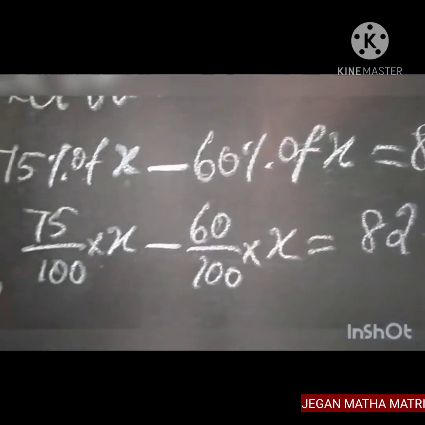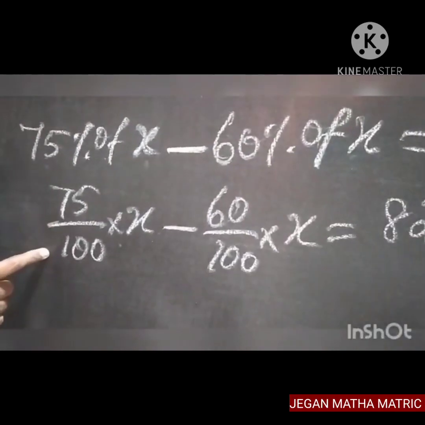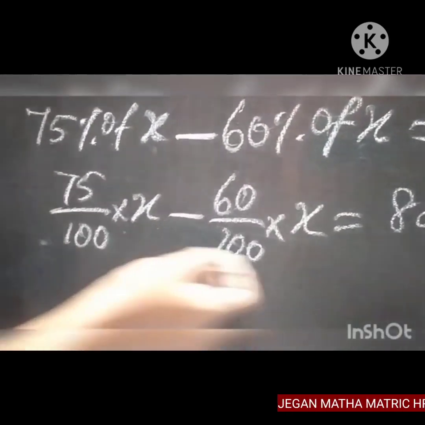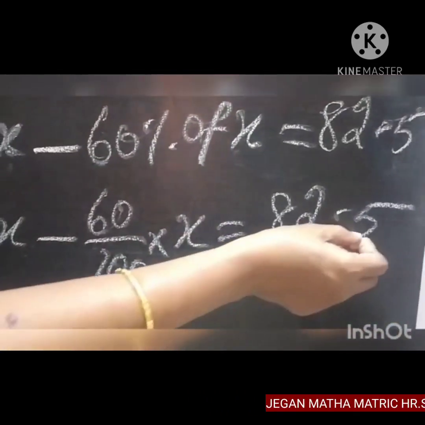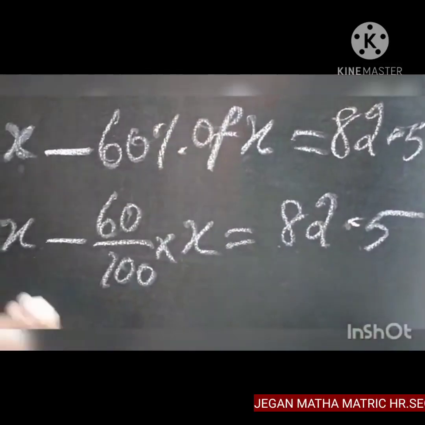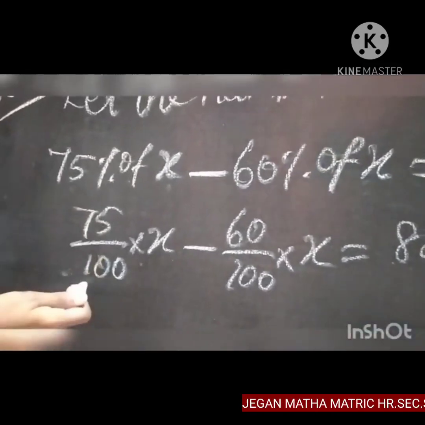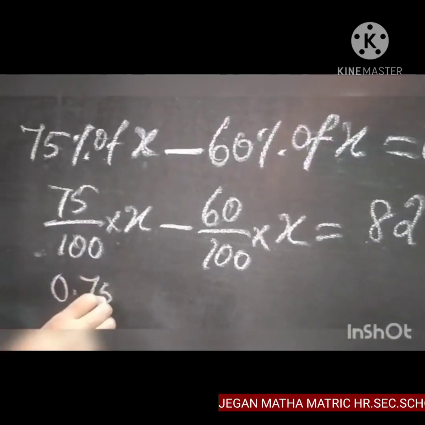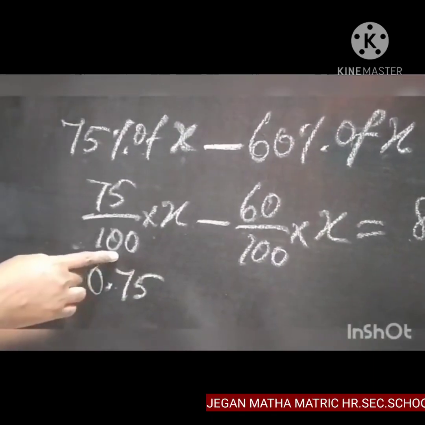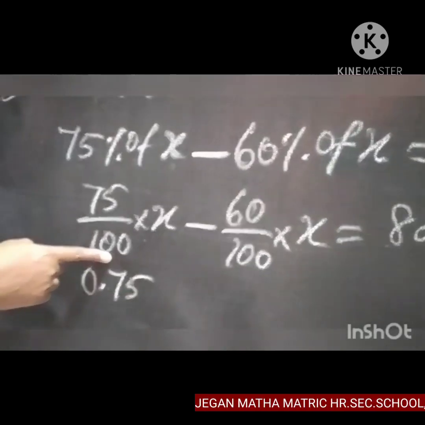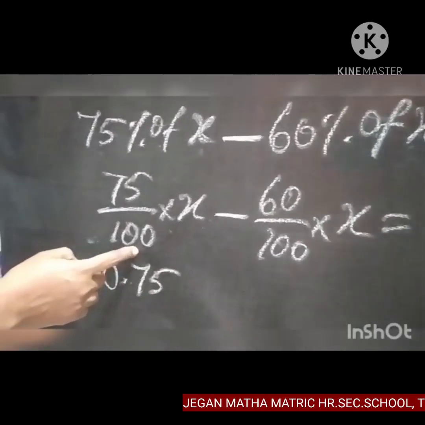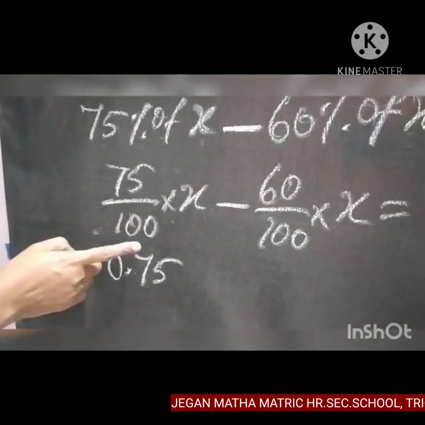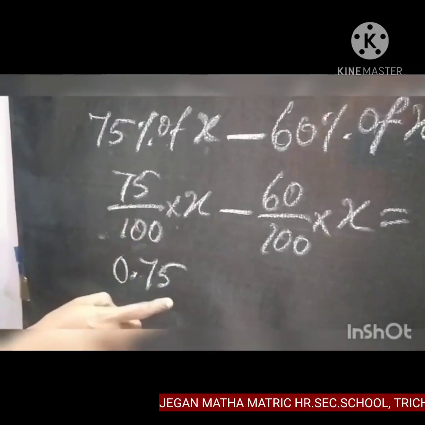Now 82.5 is a decimal number, so you have to change this fraction to a decimal number, that is 0.75. The second two zeros mean hundredths place, so after the decimal, that is hundredths place, 0.75.